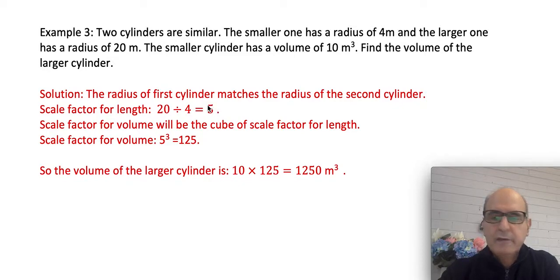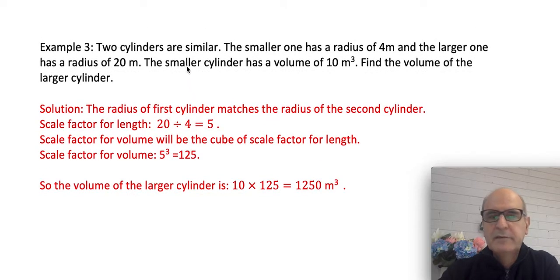Now, to arrive at the scale factor for volume, this time you need to cube it. So 5 cubed gives you 125. Then, that is the ratio of the two volumes, or the scale factor of the volumes.